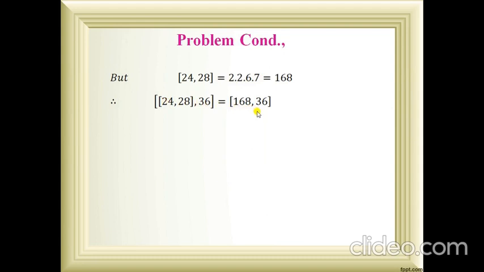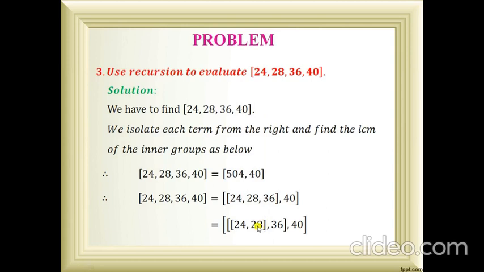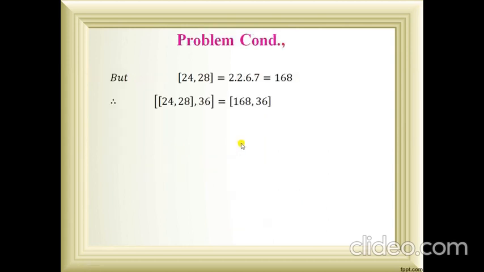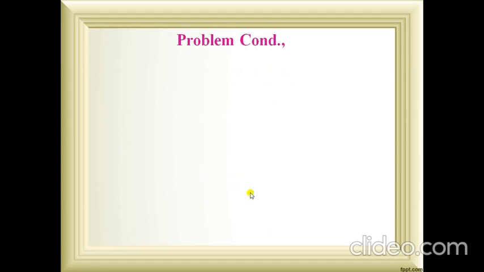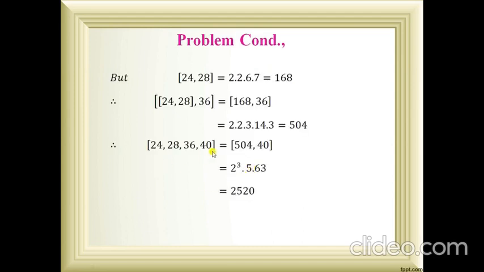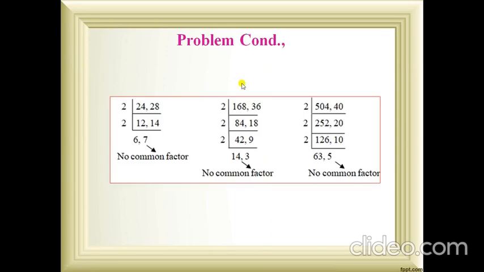Again we apply the LCM, which gives 2 into 2 into 3 into 14 into 3, that is 504. In the previous step, I replace with 504. After applying 504, 40, this gives 2 power 3 into 5 into 63. So this answer is 2520. This is the LCM of the given system of numbers.